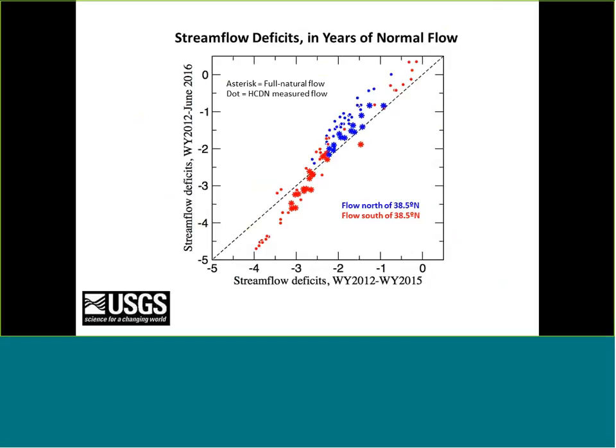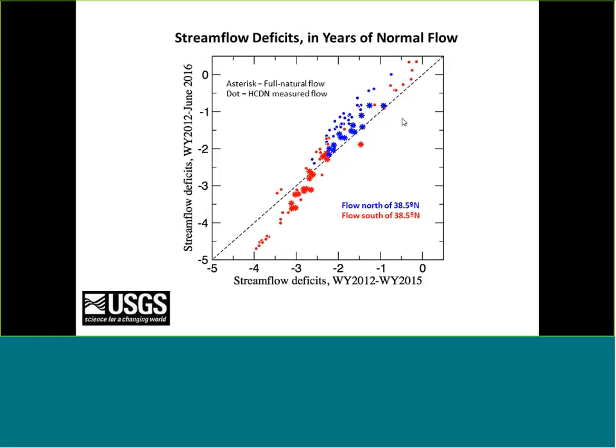Here's the stream flow deficits over the 4-year part of the drought, and over here is the same thing over the 4 years plus what we have of this year. If you are a dot on the right side of this graph, you were maybe a year or 2 behind going into 2016, whereas if you're on the left side, you were 3 or 4 years behind as you came into this year.